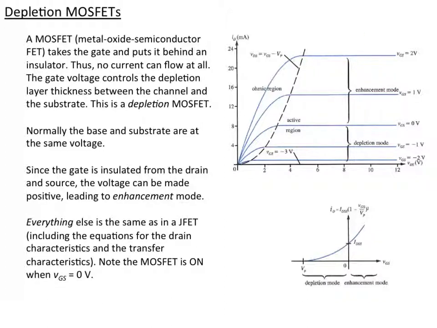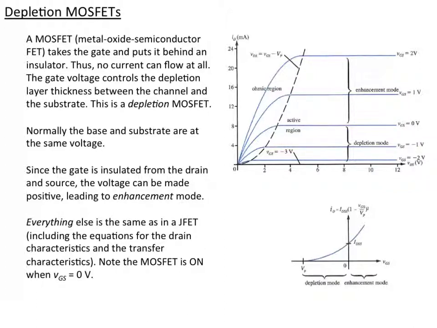And so in the transfer characteristic, the JFET had this, and in the depletion MOSFET case in enhancement mode, we can just keep on going up quadratically. Everything else is the same, and note that that includes the fact that the MOSFET is on if we put no gate voltage, no gate source voltage difference.